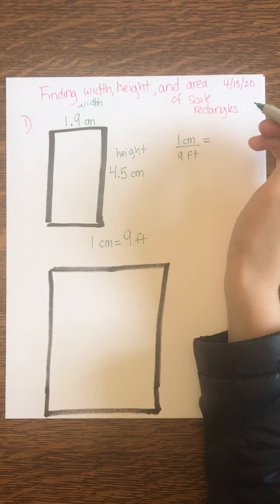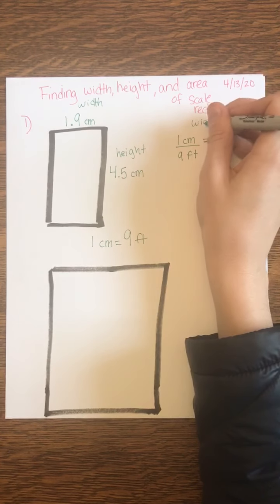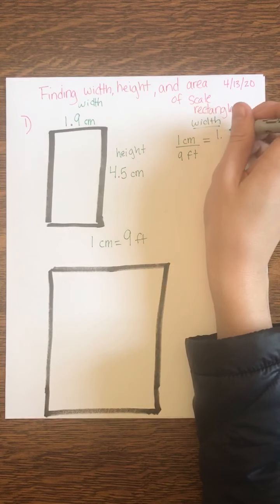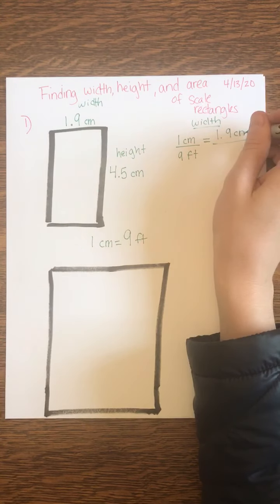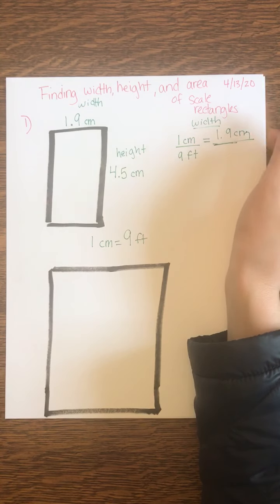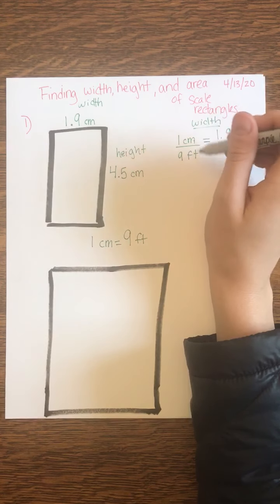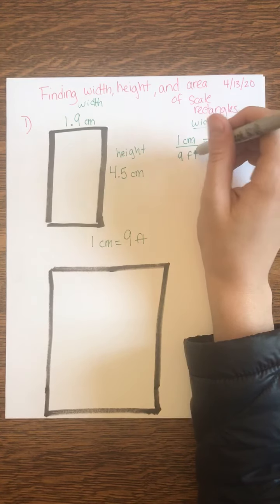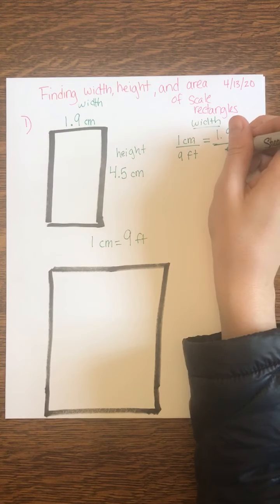Well, I'm given that the model is 1.9 centimeters width. So this is the width. It's 1.9 centimeters width. And that's equal, centimeters and centimeters, and then feet and feet. I don't know what the relationship to the feet are, but I know that if 1 centimeter is the same thing as 9 feet, therefore 1.9 centimeters is the same thing as x feet.